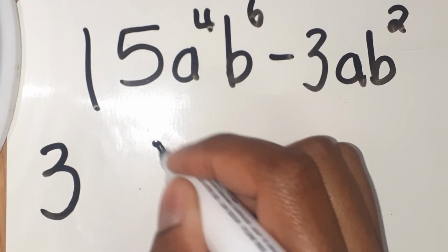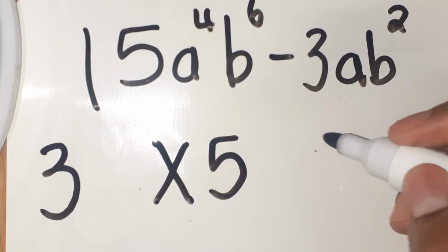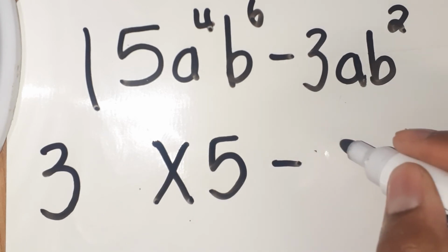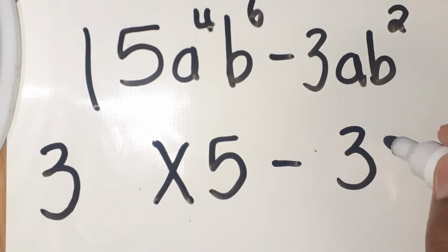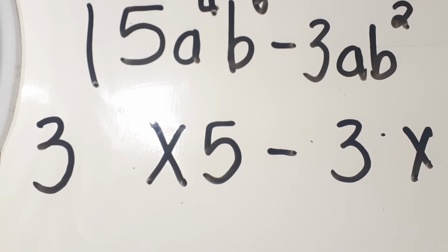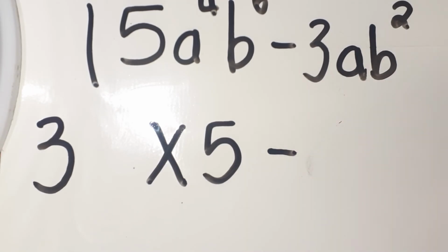Now 3 times 5 will give us 15, and 3 times 1.